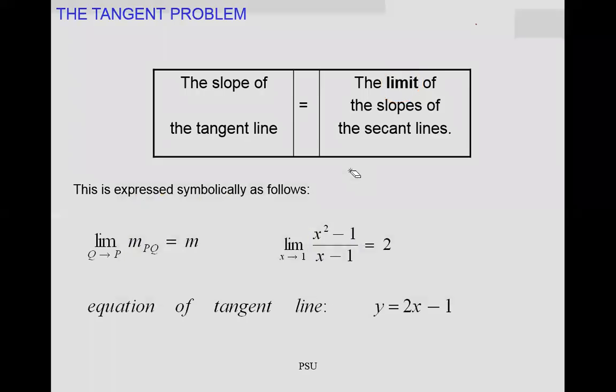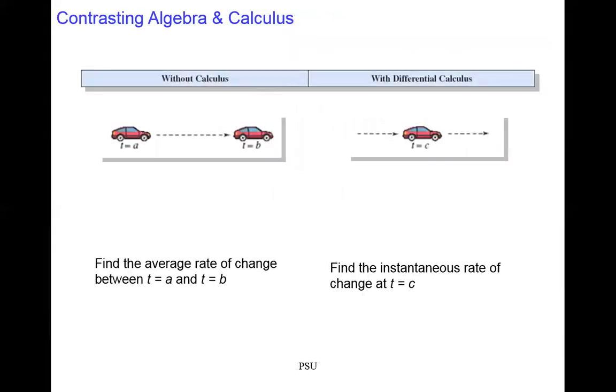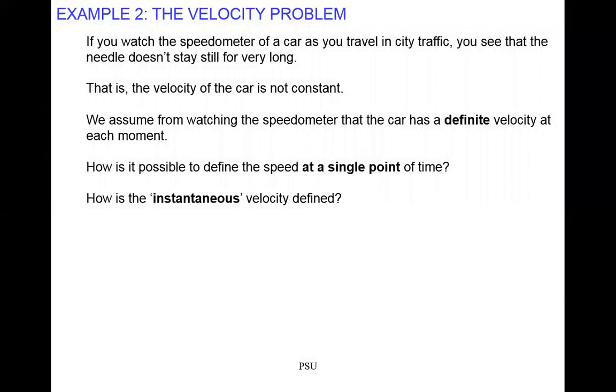Now let's look at the same thing, but from one of the application perspectives: speed, velocity. What we will try to do: we can try to read this, but I can explain.